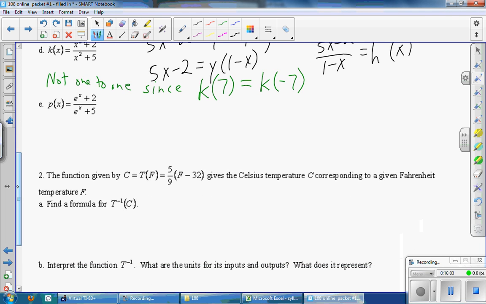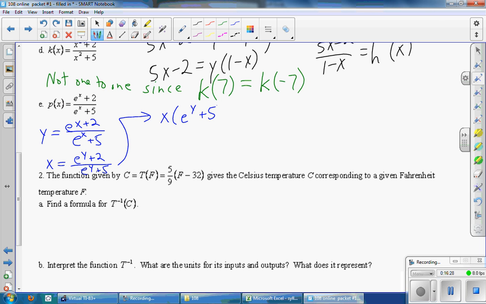So instead of p of x, we'll call it y. Swap the x's and the y's. And then the tough part is to solve this for y. We will multiply both sides by the denominator to get rid of the fraction. It's kind of the same algebraic process up to a point.